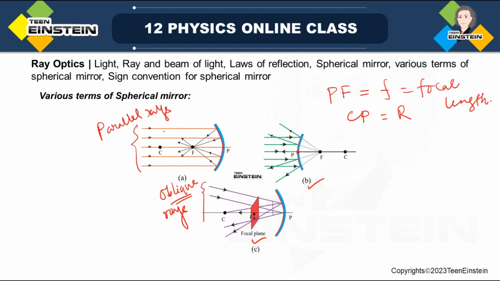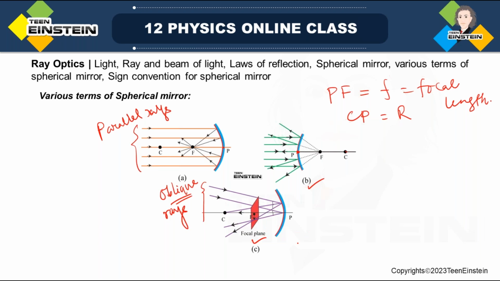So we see the parallel rays after reflection they meet or appear to diverge from the focal point, but oblique rays, oblique in the sense the rays are parallel to each other but not parallel to the principal axis, after reflection will meet in the focal plane.